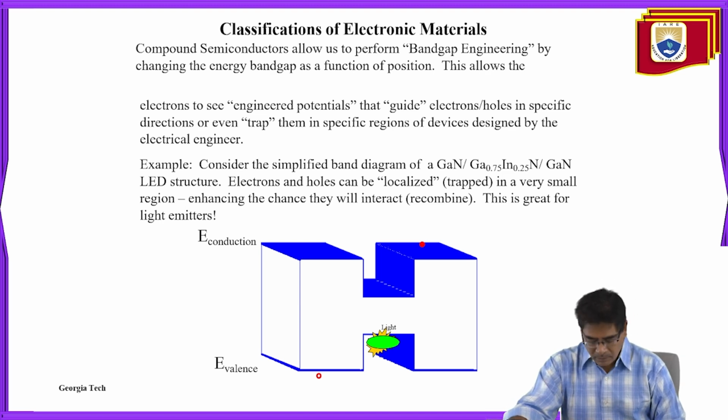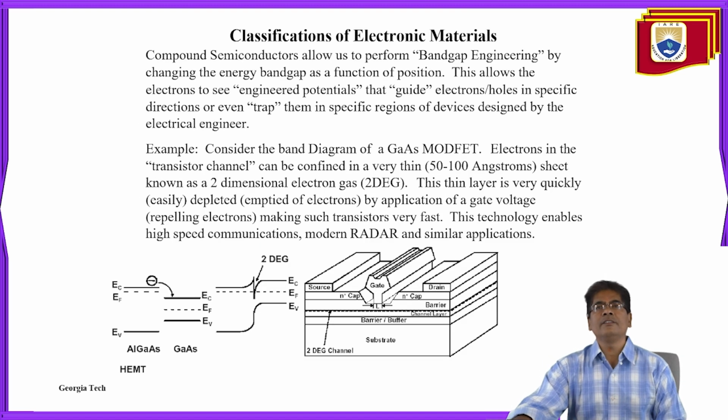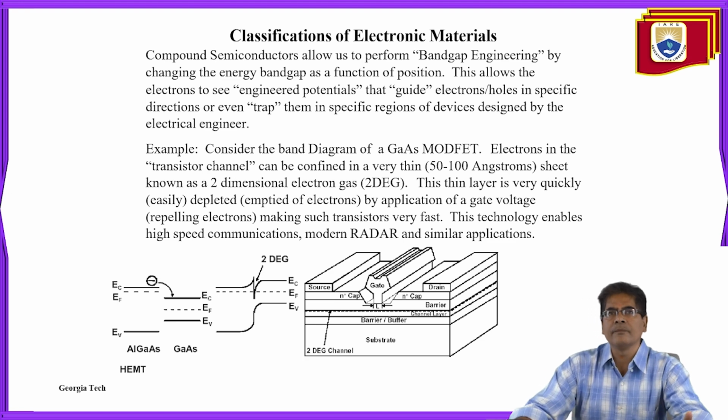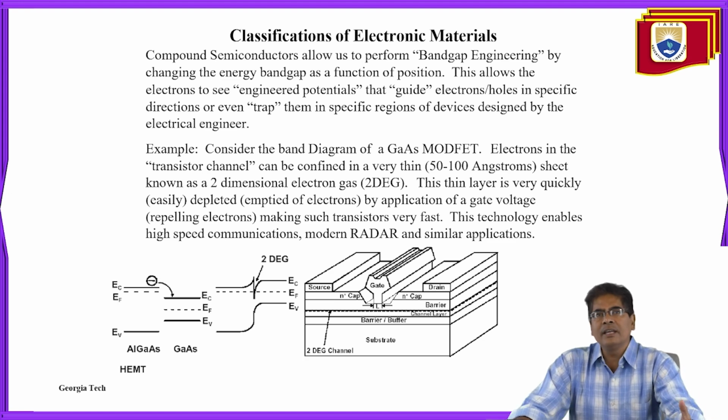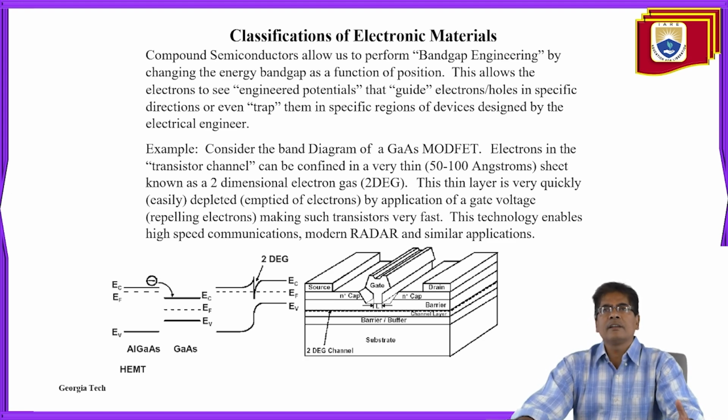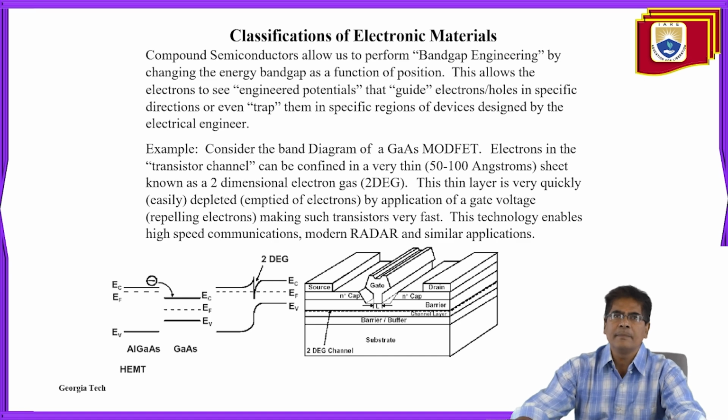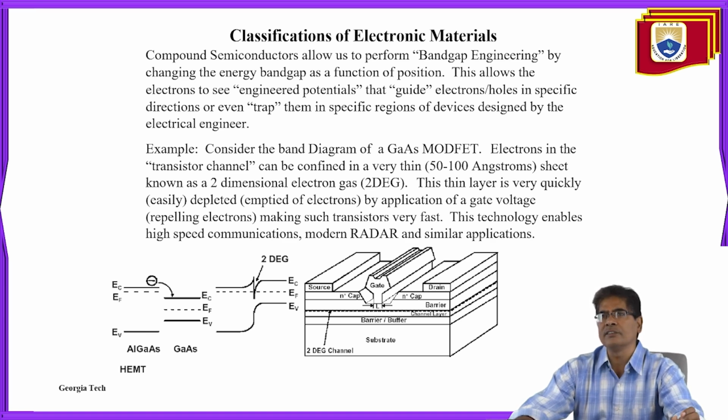Okay. Now, let us see some more classification. Compound semiconductors allow us to perform band gap engineering by changing the energy band gap as a function of position, as we have seen. This allows electrons to see the engineered potentials that guide electrons or holes in specific directions, or even trap them in specific regions of devices designed by the electrical engineer.